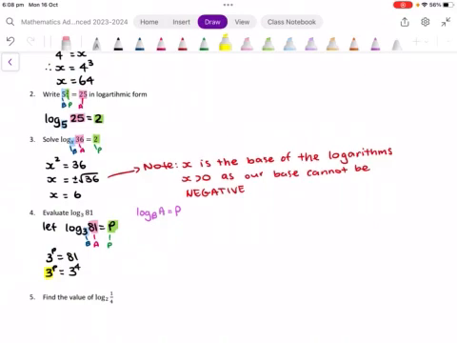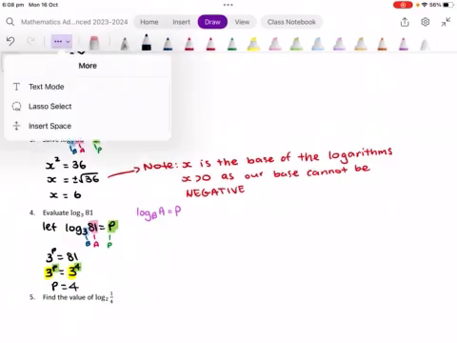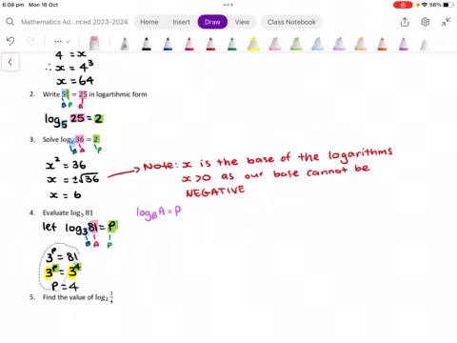Now, because our bases on both sides of the equal sign equal 3, we have our answer, being both our powers, equals 4. So therefore we have log base 3 of 81 equals 4.